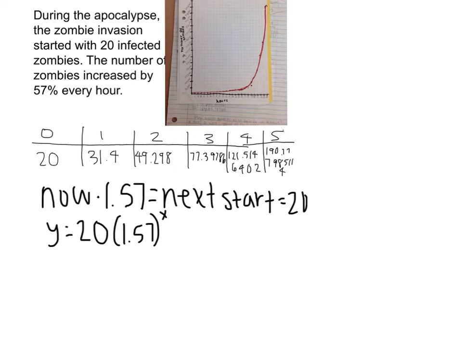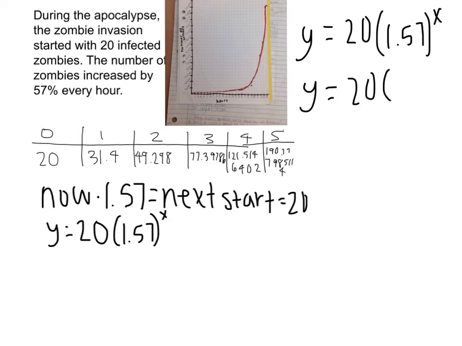How many zombies will there be in 6 hours? So to solve this, we say y equals 20 times 1.57 raised to the x power. And then to get to 6 hours, our x is 6.